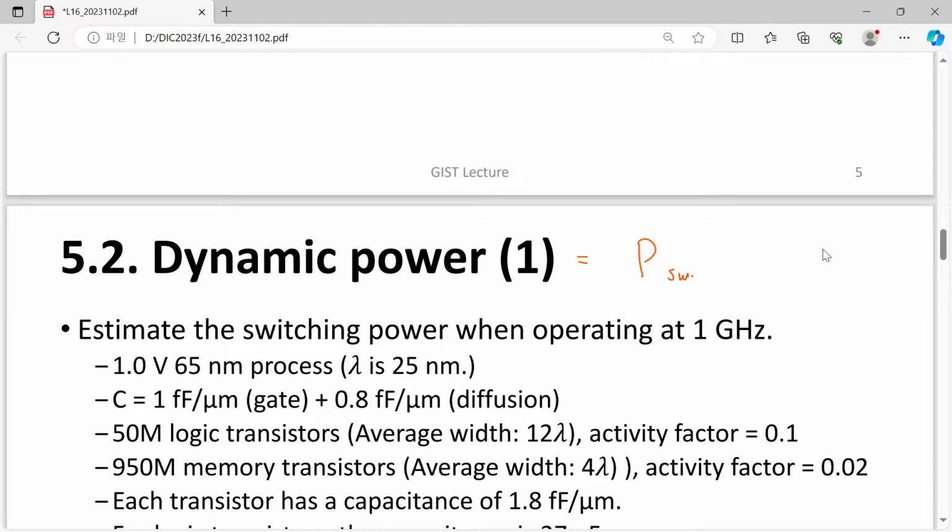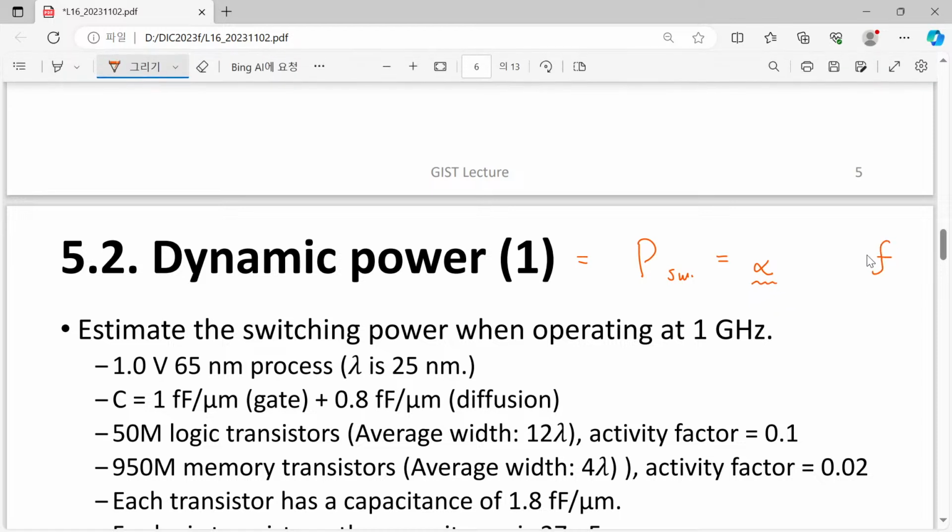So we will just use switching power, which was given by activity factor, frequency, C and our operational voltage squared. So that was the simple rule to calculate.